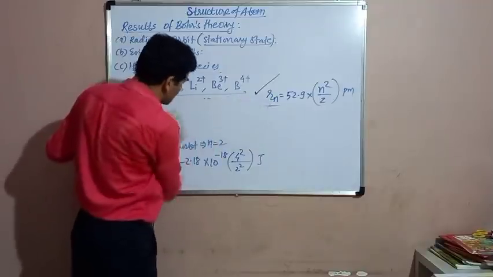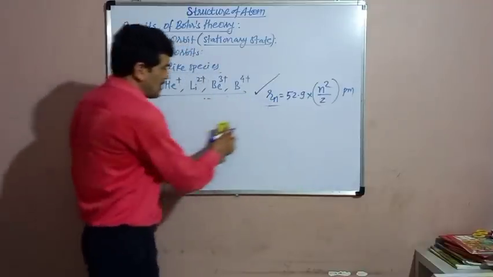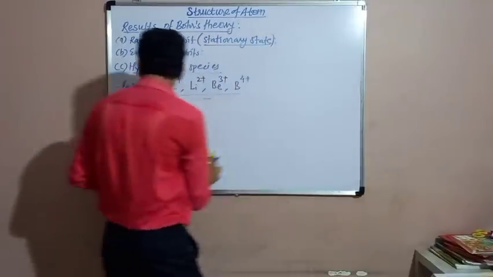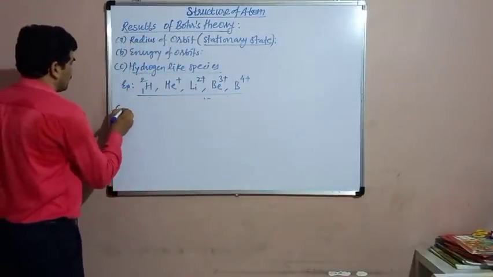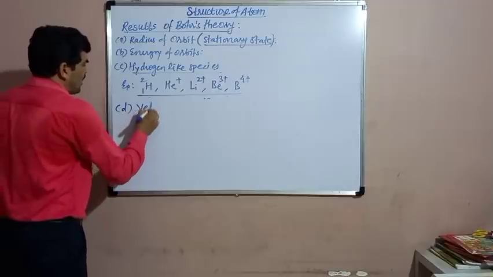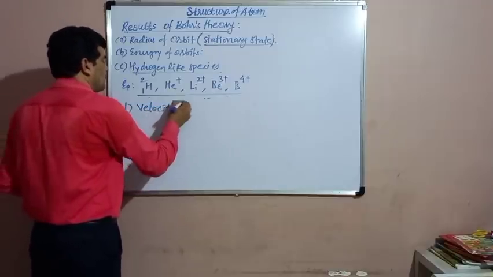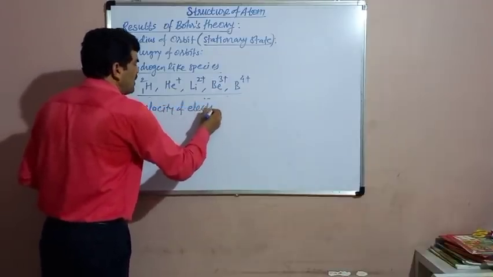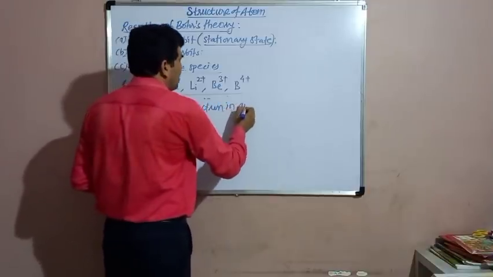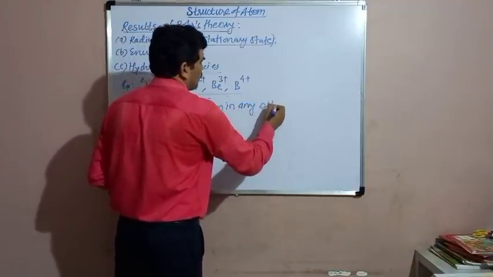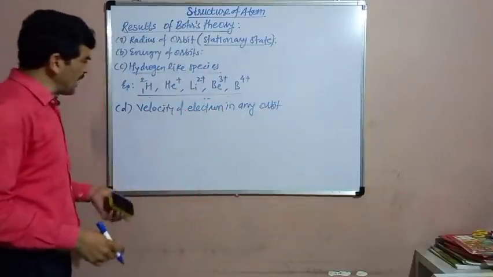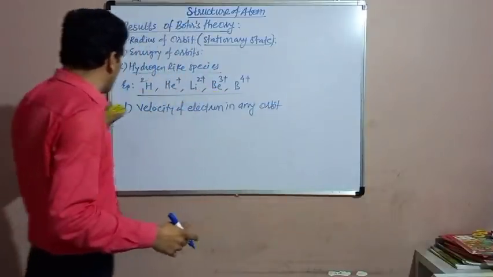Further, by using Bohr's theory, it is possible to calculate the velocity of electron in any orbit.